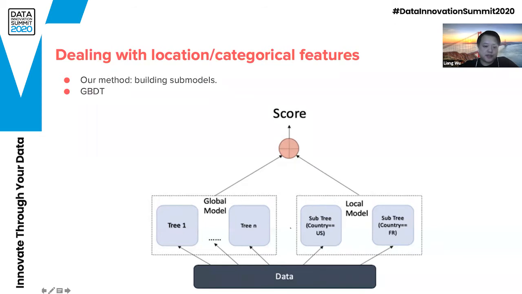For example, this sub-tree is for the US market, and this sub-tree is for the France market. Then this single sub-tree tries to correct the previous global model only for the France market, and it is also independent of other local models.